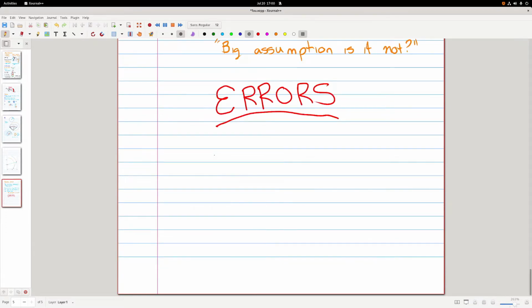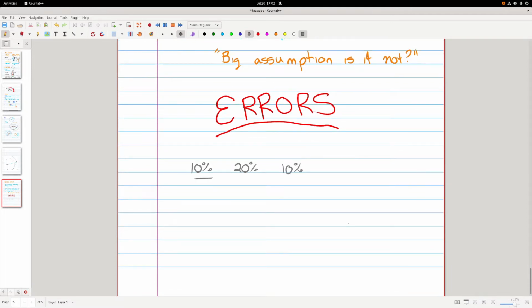So for instance, when I'm looking at all of the uncertainties in our initial measurements, we have a 10% error in the angle, a 20% error in time, and a 10% error in the period, and I believe these were all of the initial measurements that we made. So this is theta, this is time, and this is period.